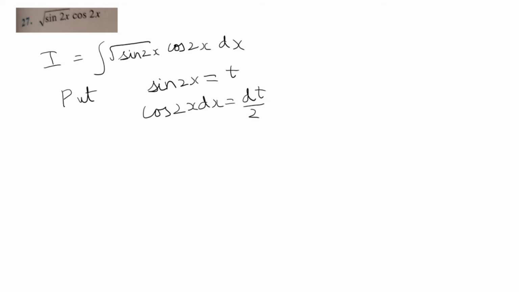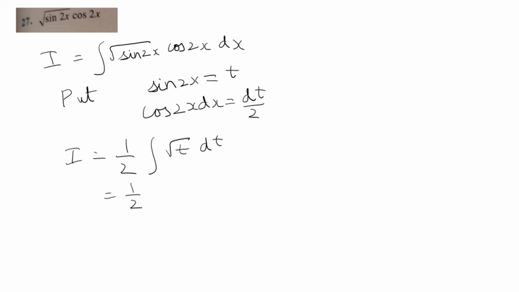So I am writing directly cos 2x dx is equal to dt by 2. So I is equal to half integral root t dt. So this is root t, which is t raised to half.